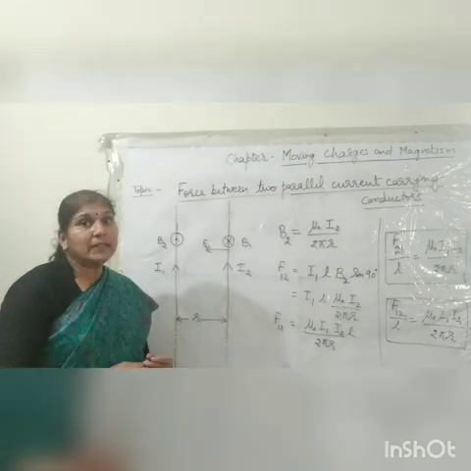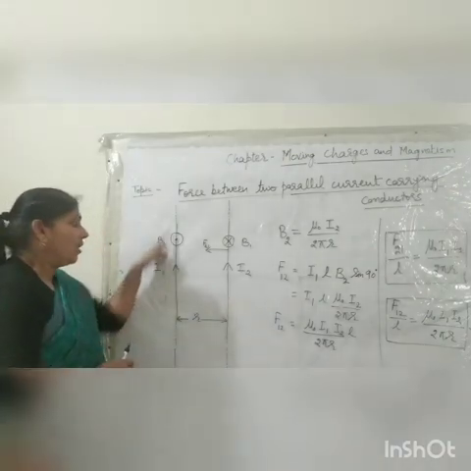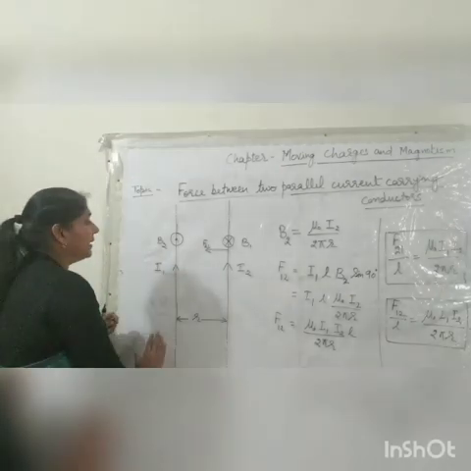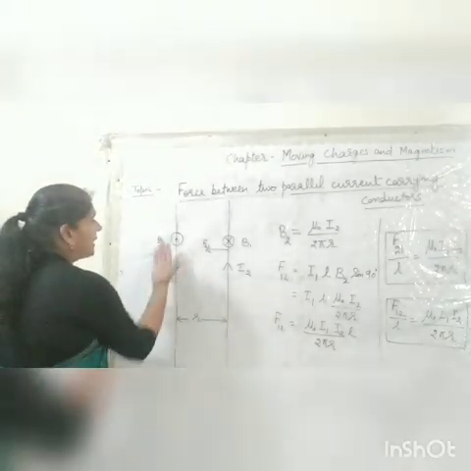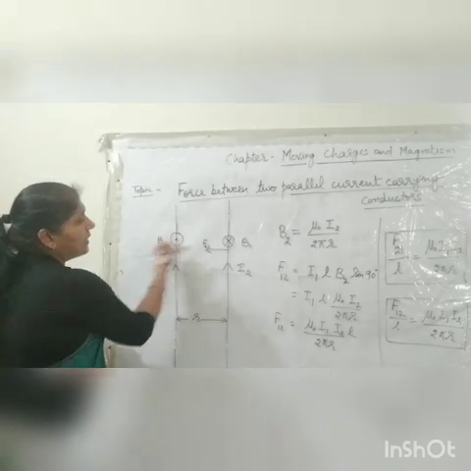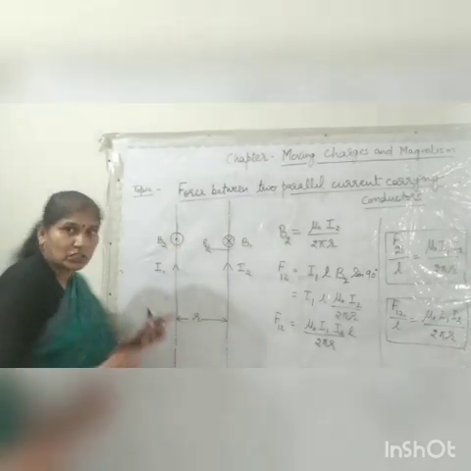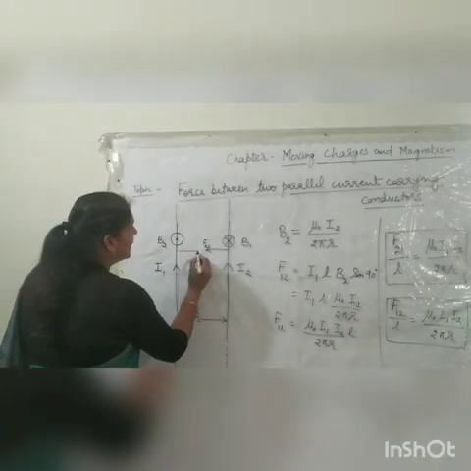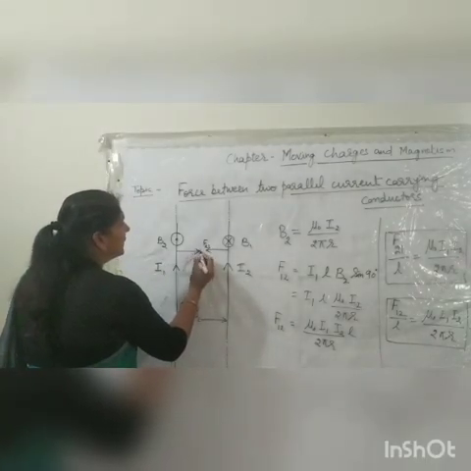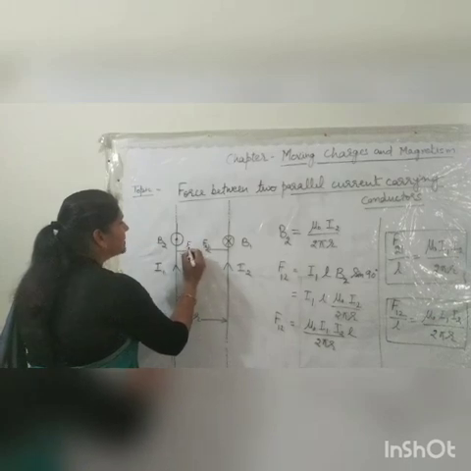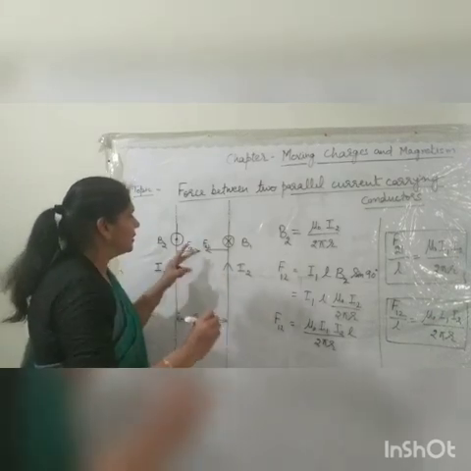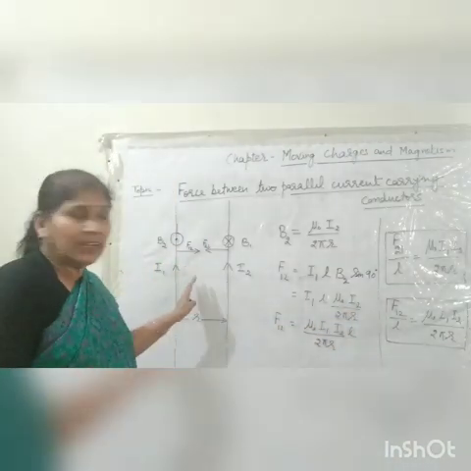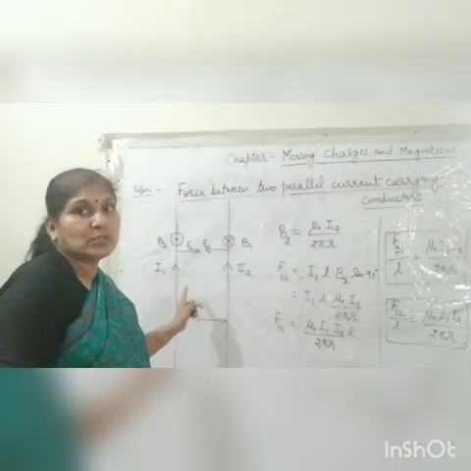But what will be the direction? Here for the first conductor, the magnetic field is outward and the current is upward. So if we take L cross B, then the thumb represents the direction of force. So the force on the first conductor due to the second will be towards the second one. So these two forces F12 and F21 are equal in magnitude but opposite in direction.